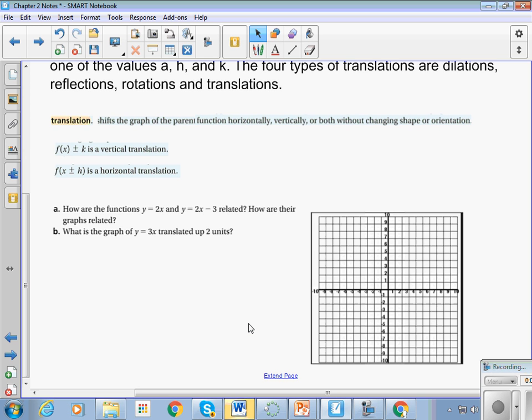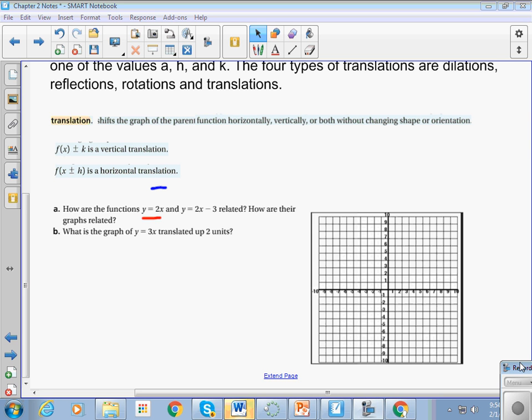The first way to look at this problem is by using what you know about linear functions. In this scenario, I know that y equals 2x is a linear function, and I also know that y equals 2x minus 3 is also a linear function.